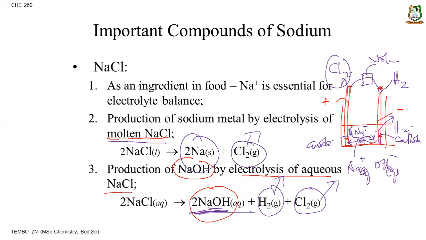And it is also important that, of course, I think everybody knows that sodium ions are an essential ingredient in foods, because it brings about an electrolytic balance in our body.